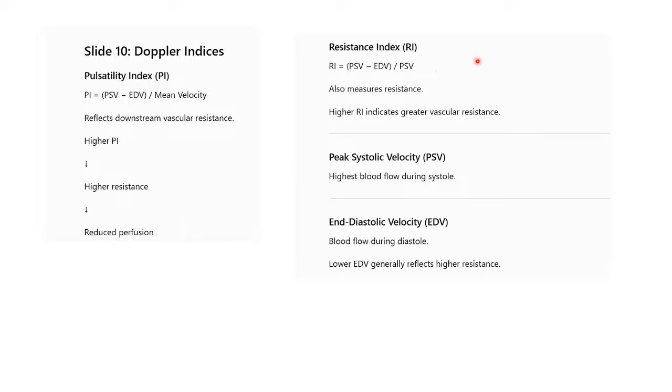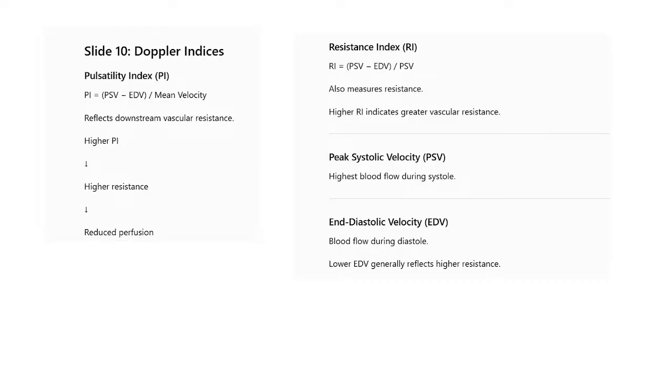The resistive index, which is RI, is calculated as follows: peak systolic velocity minus the end diastolic velocity, divided by the peak systolic velocity. So it also measures resistance. A higher RI indicates greater vascular resistance.